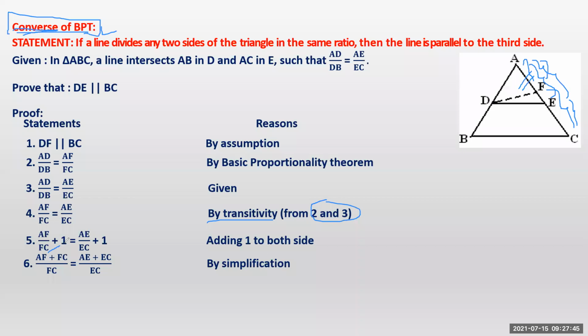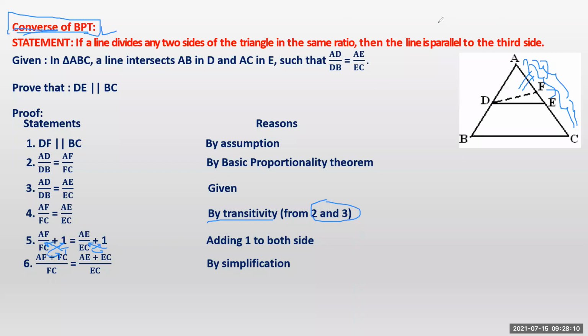This 1 does not have any denominator, so by default it is 1, so FC would be multiplied with 1 in the denominator. This is by the cross multiplication.